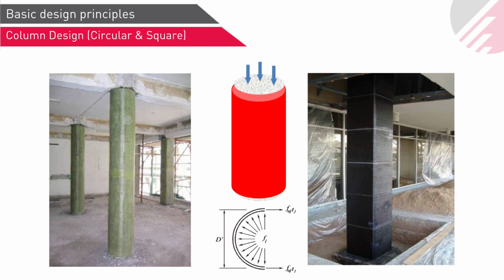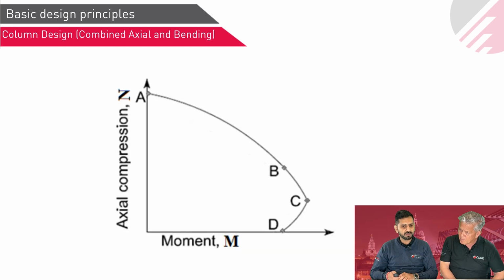Yes, there is a minimum requirement to round off the corners to a minimum radius of 20 millimeter. That's a design requirement. If we have sharp corners, we may have premature FRP rupture, so corners need to be rounded off. But similarly, if we have higher aspect ratio columns, then we should technically look at combined axial and bending analysis, especially even up to aspect ratio 2.